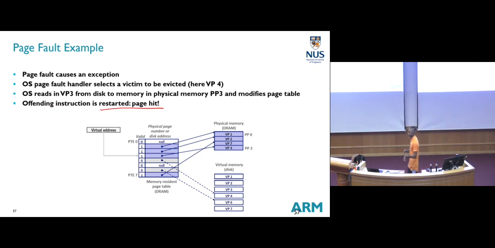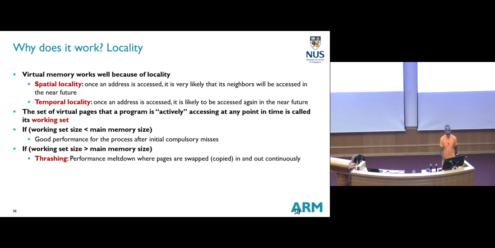You can see that this is what we call the miss penalty, which we saw in the earlier slide. Every time there is a miss, I have to go through this whole process of getting the data that I want and putting it into the table, restart my instruction, then I get a hit. Of course, when you look at this, you say, isn't it very troublesome? Every time there's a miss, I need to do this. Are we really better off?